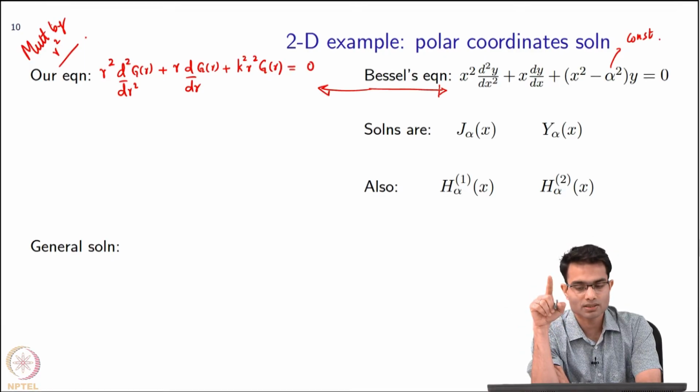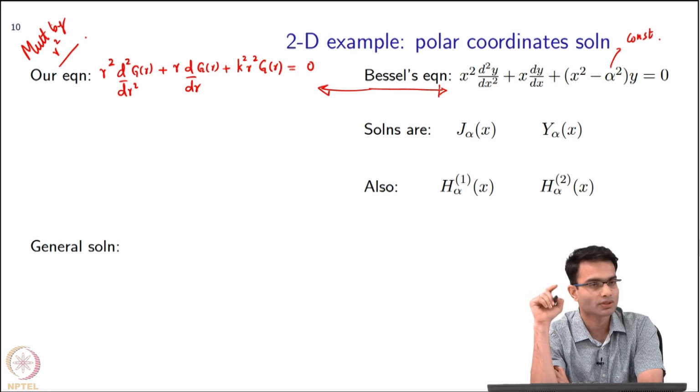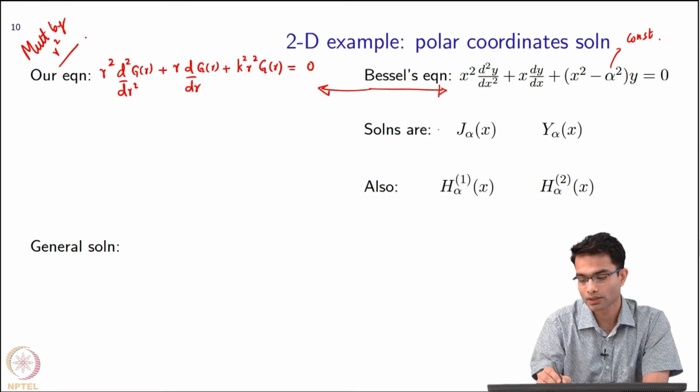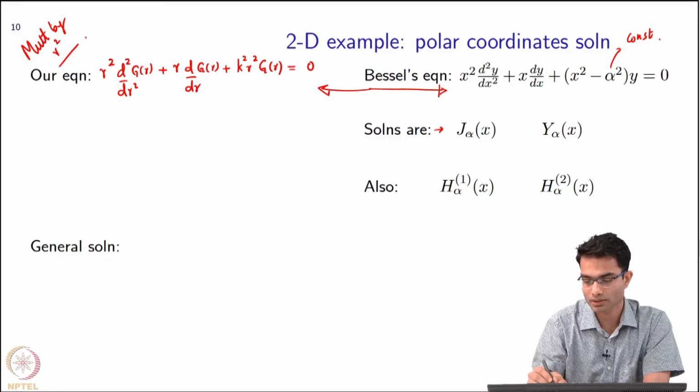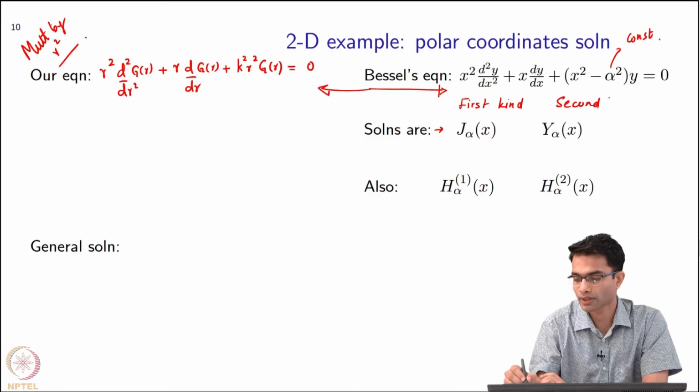This being a second order differential equation has two independent solutions, and those solutions are named after Bessel. The two independent solutions are J alpha of x and Y alpha of x. These are called Bessel's functions of the first kind and of the second kind.